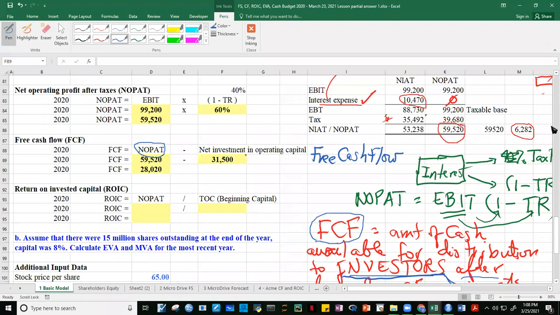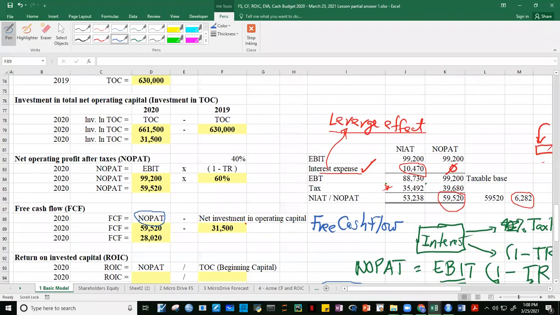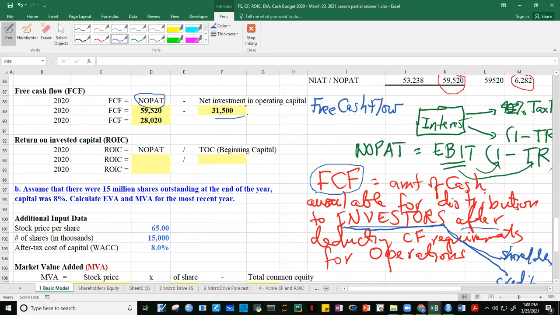How much was invested in operating capital for 2020? Kasi ang beginning operating capital ng 2020, which is the ending of 2019, is 630. Tapos we needed 6651, no? Ending. Ibig sabihin nag-invest tayo ng 31,500. So yun ang binabawas natin dito, no? From your net operating profit after tax, we subtract the net investment in operating capital to give us this one.